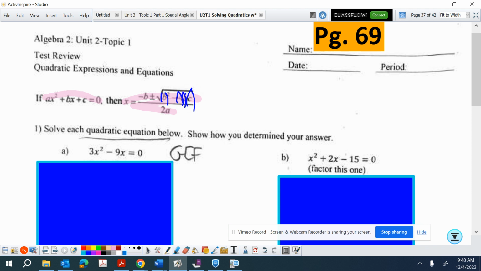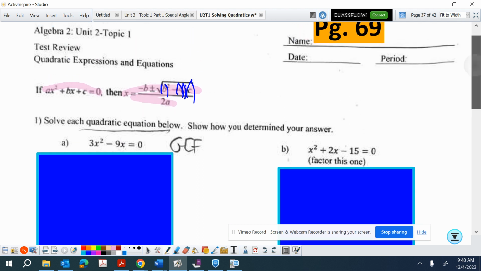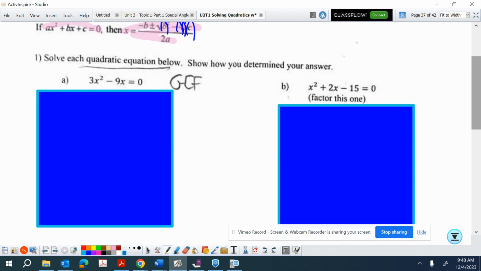All right, so the first problem, I see 3x squared minus 9x, and if I think about what my order is for solving or factoring, it always starts with GCF, greatest common factor. The reason I know to use greatest common factor is because this is a binomial, 1, 2 terms.